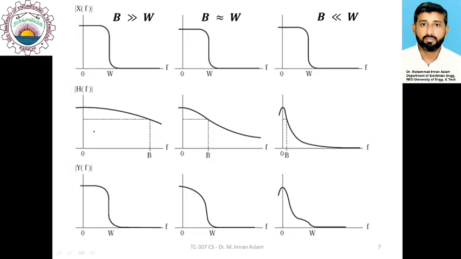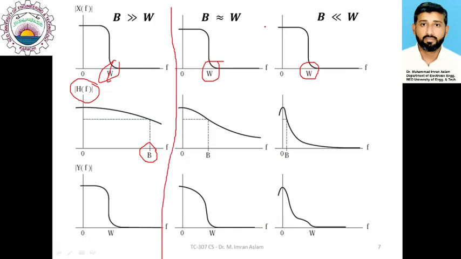So in this case I want to illustrate how the output is changed when an input passes through different types of systems. For this I have shown three different cases. You can see that this input has a certain bandwidth which is represented by W. So the input signal has the bandwidth W, and we try to pass this input through a system which has a specific bandwidth which is represented by B. I have shown three different categories here.